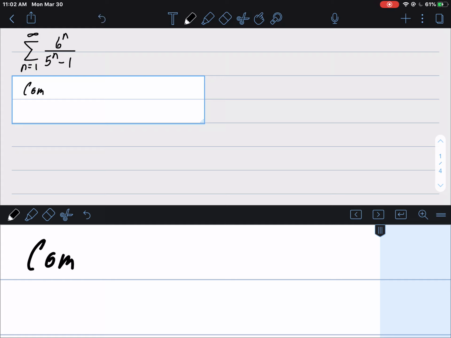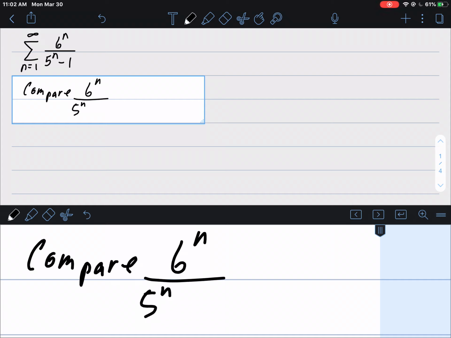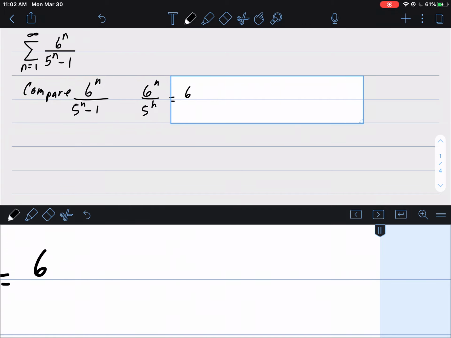I'm going to compare 6 to the n over 5 to the n minus 1 to 6 to the n over 5 to the n. I could write that as 6/5 to the n. So there's a geometric series with r equal to 6/5, which is greater than 1, which is a divergent geometric series.